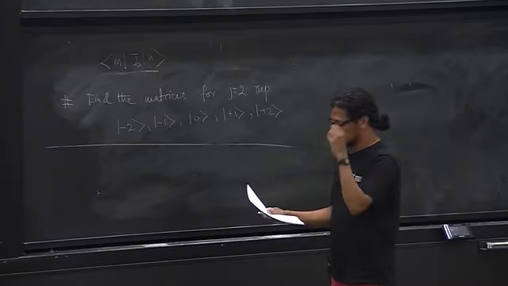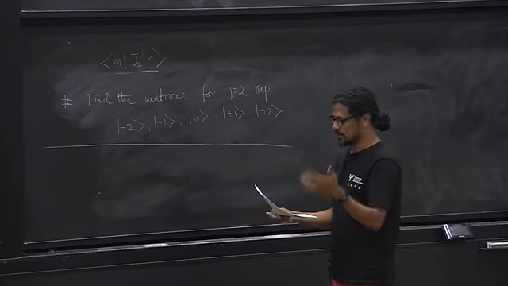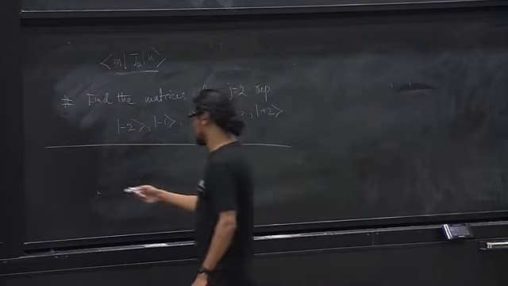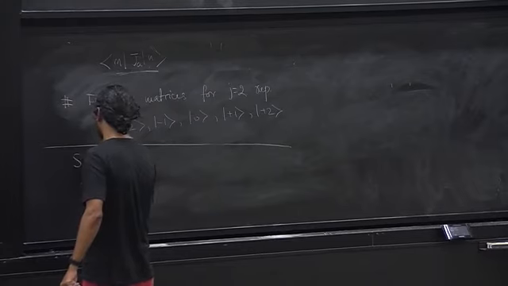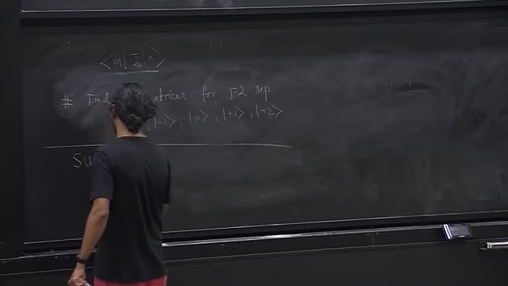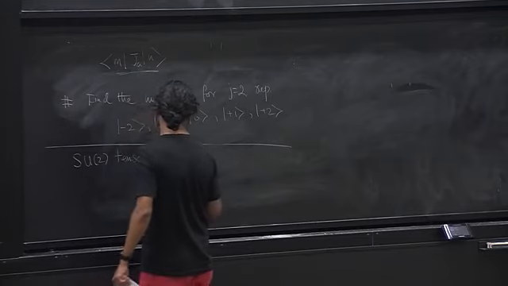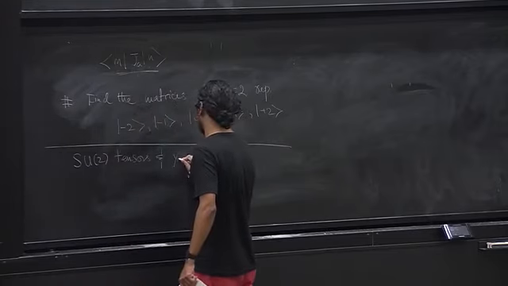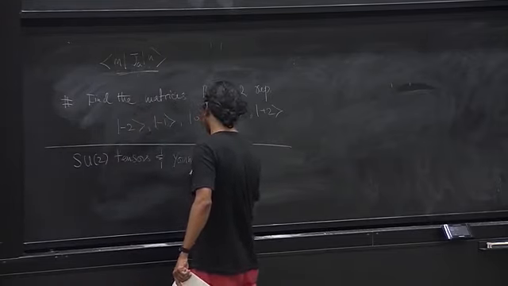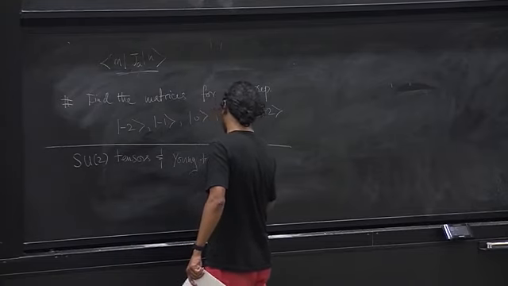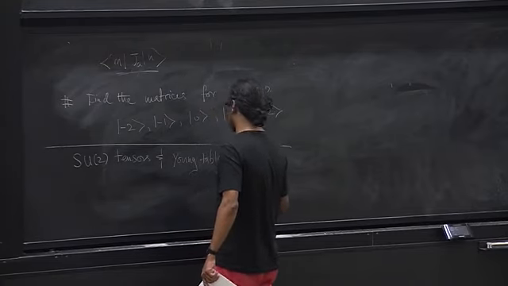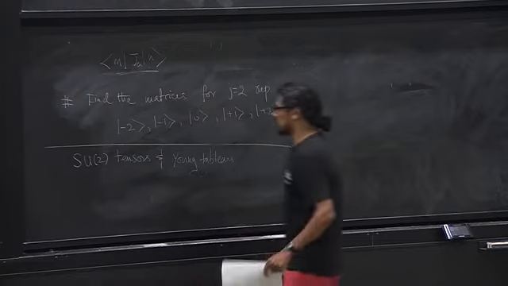We will generalize that idea by introducing what I'm going to call SU2 tensors. So today I will introduce SU2 tensors and some Young tableaux, which is really another way of dealing with these tensors.